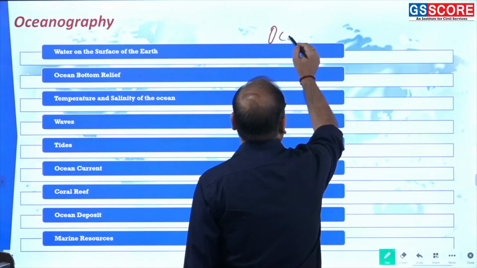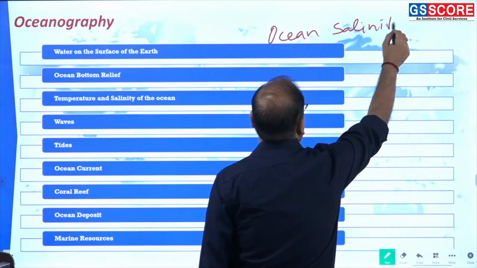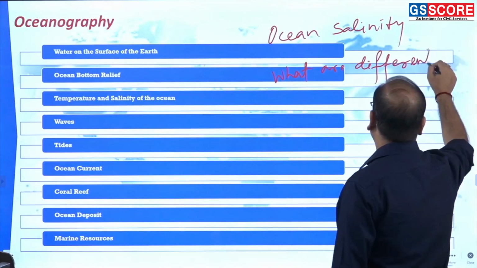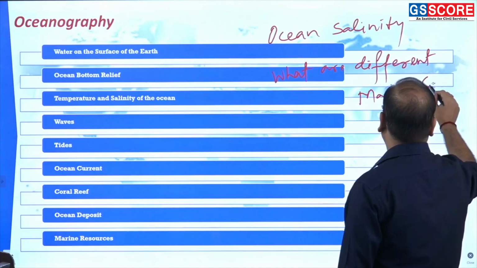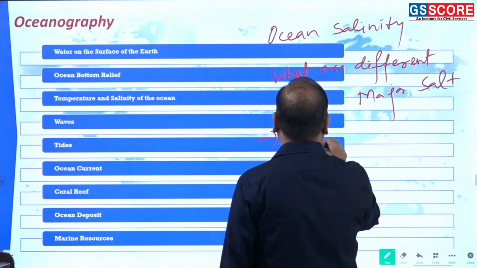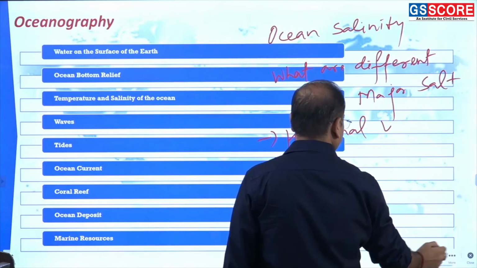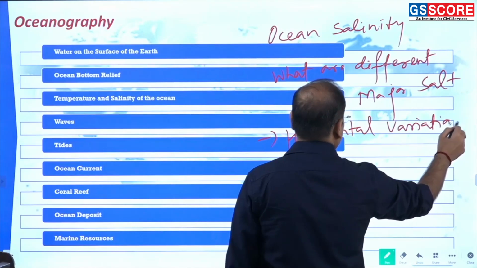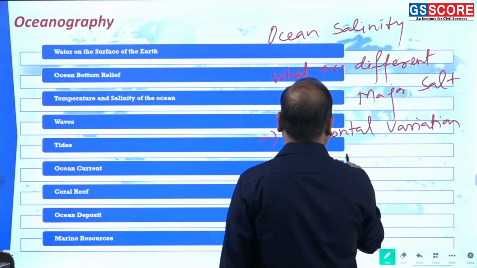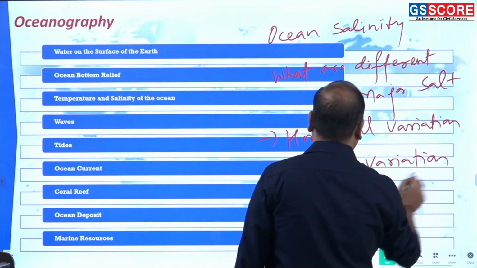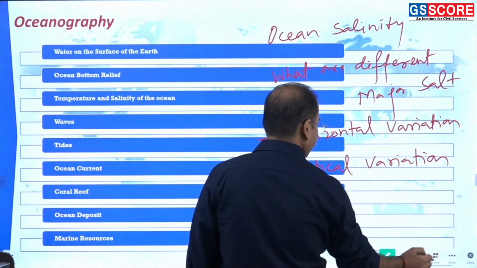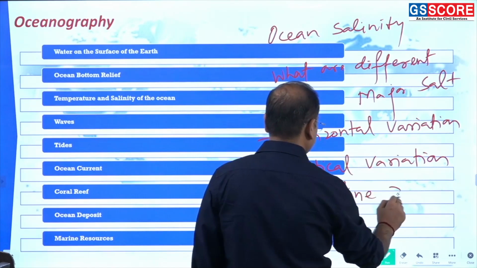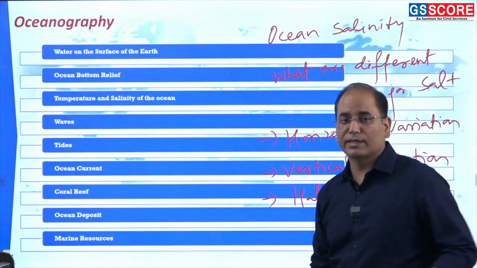Within the ocean salinity, what are the different major salts, how does it change horizontally, how does the salinity change vertically, in the vertical variation what is this halocline, and the effect of variation of the salinity.